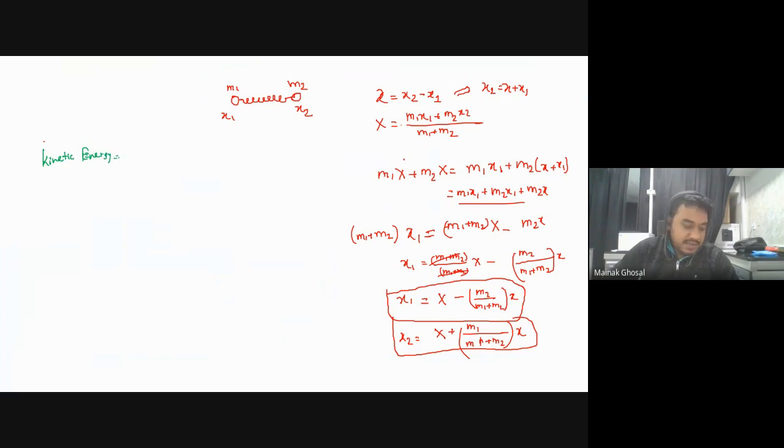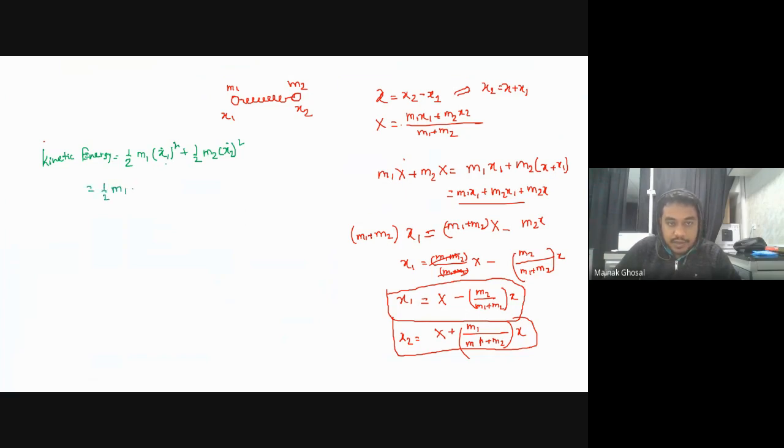Kinetic energy is defined as half m v squared, so half m1 x1 dot squared, plus half m2 x2 dot squared. Now you have to put these values in.